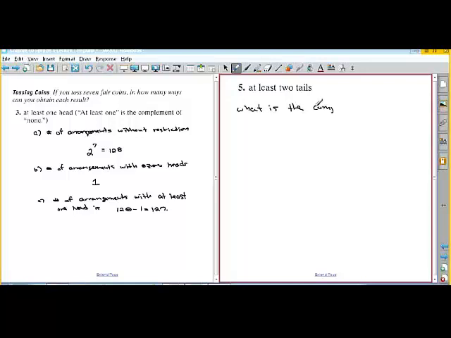What is the complement of at least 2 tails? Well, I'll tell you the answer, and then we'll do another one. It would be 1 tail or 0 tails.